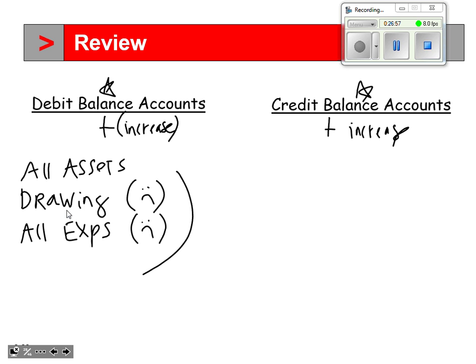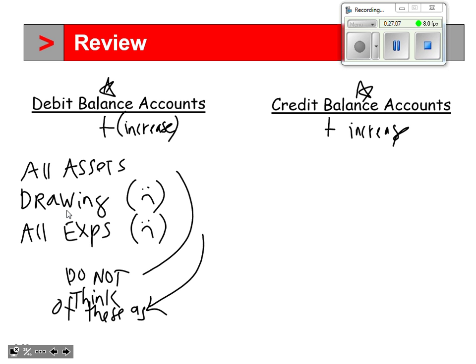Do not think of these 2 naughty accounts as assets. Rather, they don't follow credit rules and make credit balances go down. They look like assets. It's just that you put them under the credit, but flip them because they don't play nice.